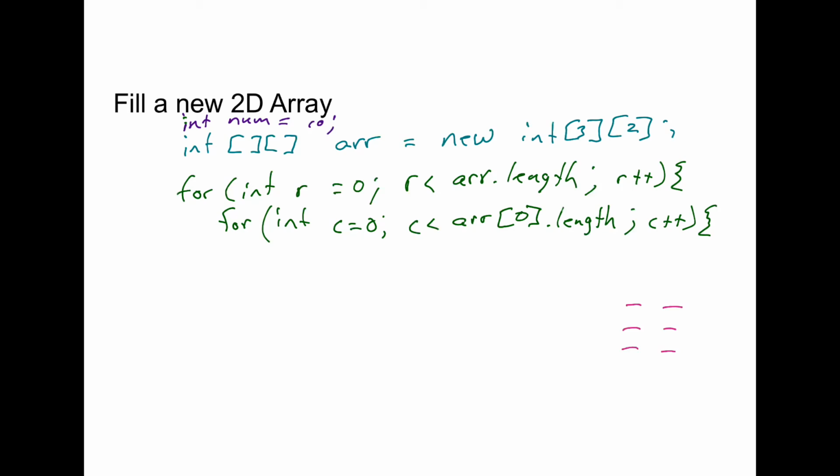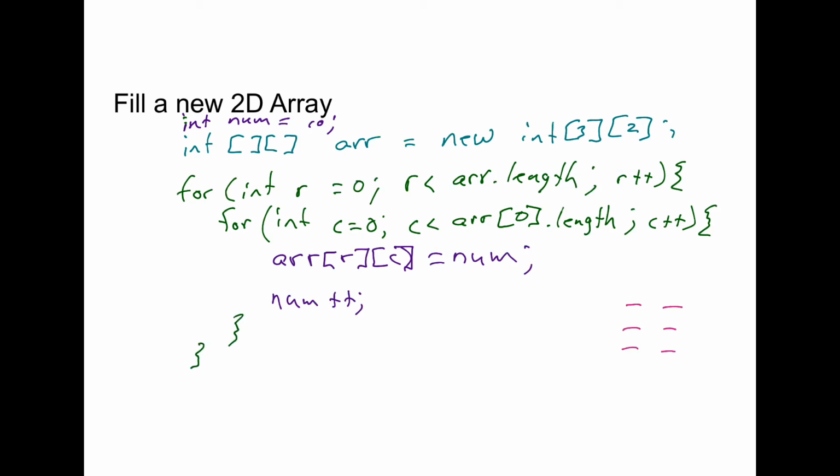So now we can say our array at row column, square bracket, is equal to num, semicolon, and then we can increment num so it changes. And that's all we got to do. And then close our loops.